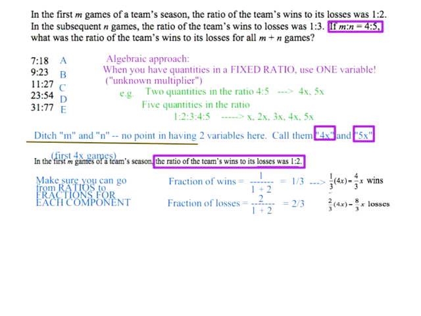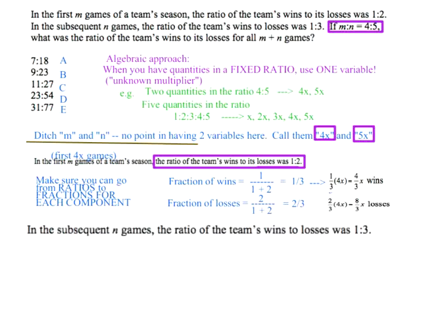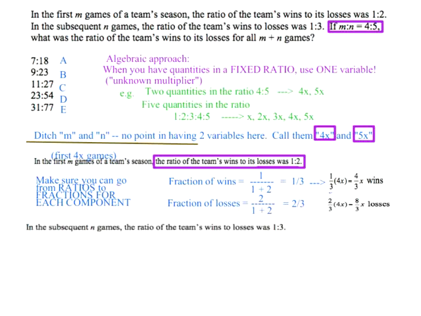So there you go. And then in the next n games, which is in the next 5x number of games, so that is not n games anymore. This is the next 5n games, 5x games.